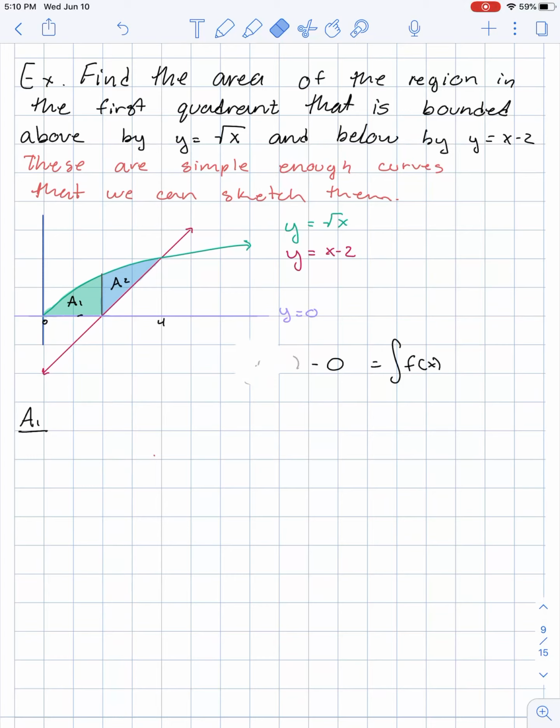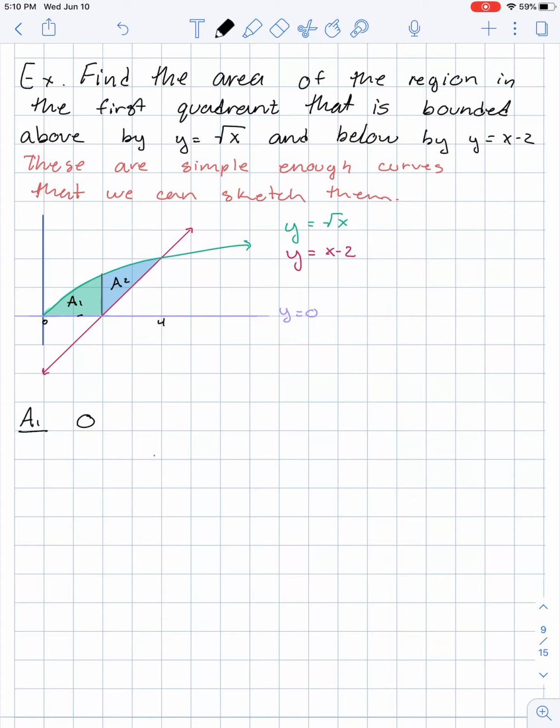So I need to find out at what point x minus 2 is above the x-axis. And then when we do area 2, we can find out when they're equal.